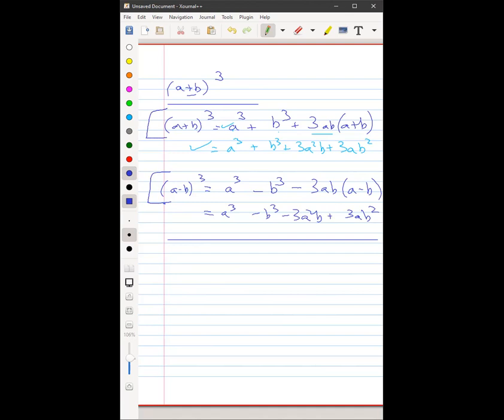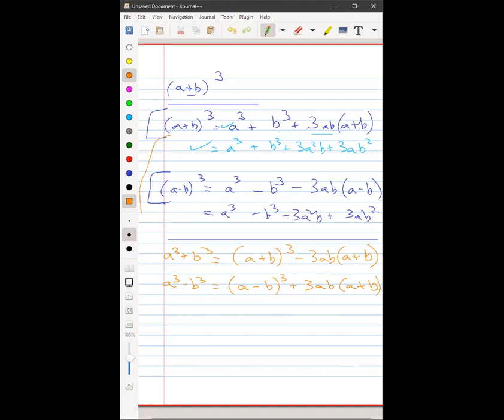Now using this itself, we can also say that a cube plus b cube is equal to (a plus b) the whole thing cube minus 3ab into (a plus b). And a cube minus b cube can be written as (a minus b) the whole thing cube plus 3ab into (a minus b).